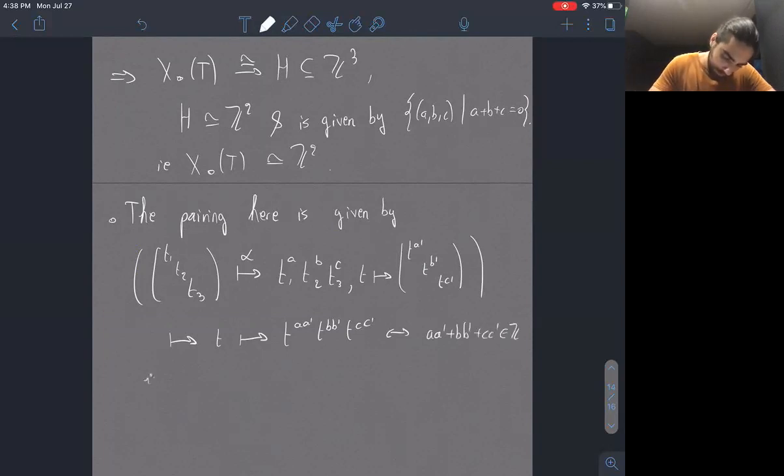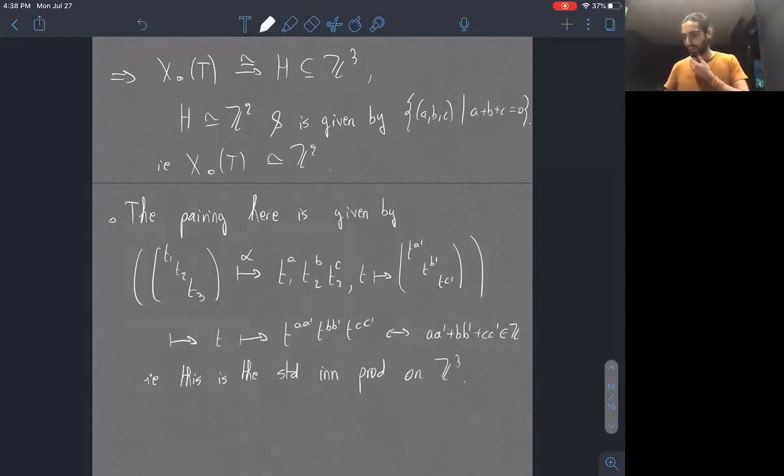So that is, this looks like the standard inner product on Z3. Cool.